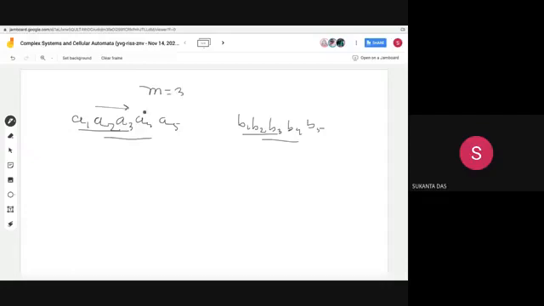So A1, A2, A3 and B1, B2, B3 have the same next state, and A2, A3, A4 and B2, B3, B4 are the same. What does it imply? You look at the rule, and against the neighborhood patterns, you club them. How to club? If two patterns have the same image against R, you club them.